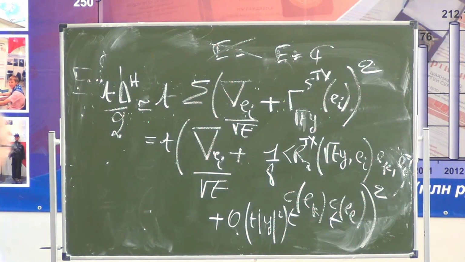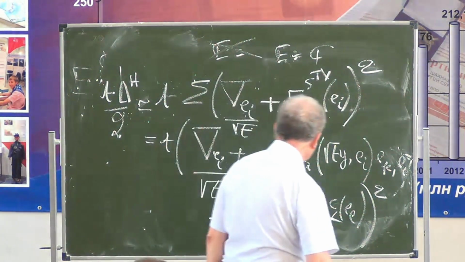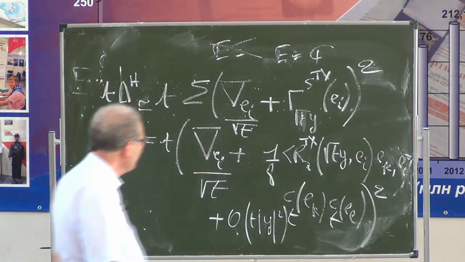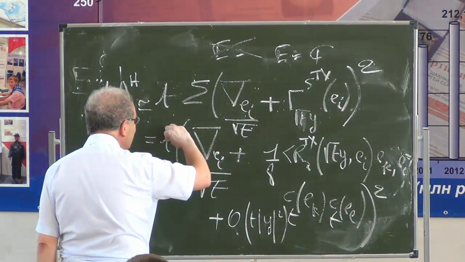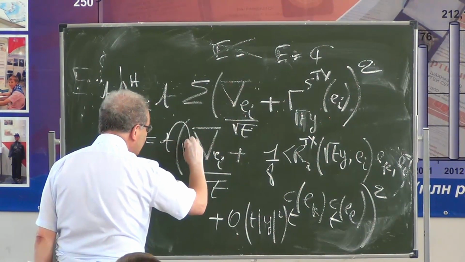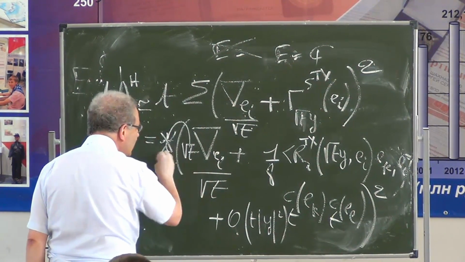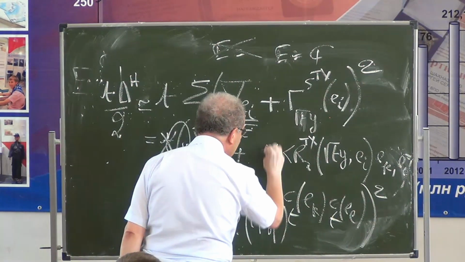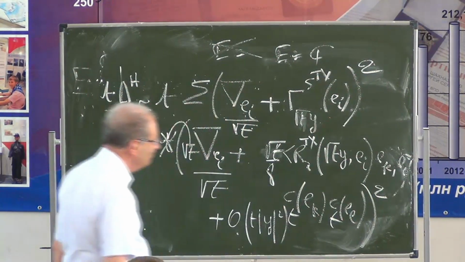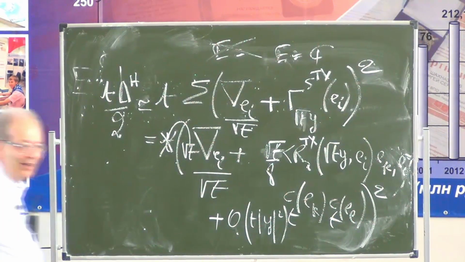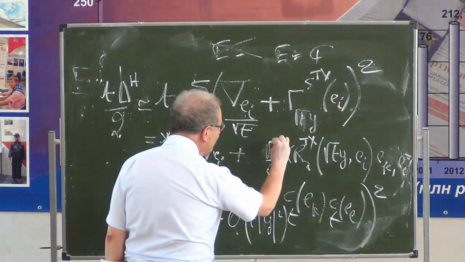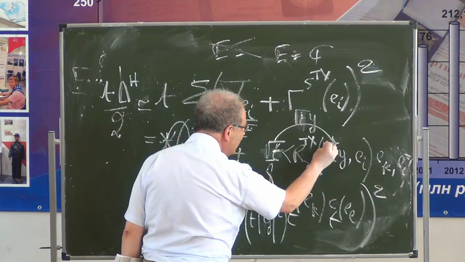And now, what you see is the following thing. We're going to put the t inside. So the t inside means that I just scale here by the factor square root of t, and I just scale here by the factor square root of t here. But now again, you see that this gives a power t here.